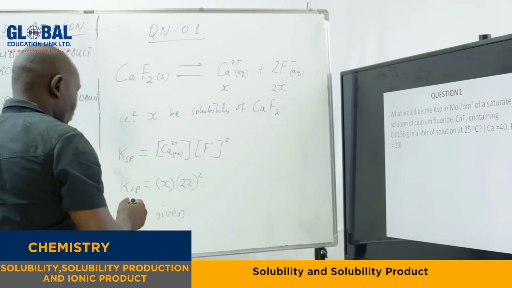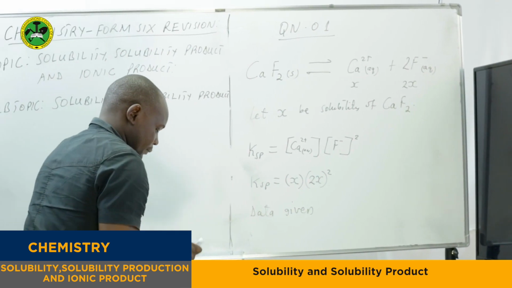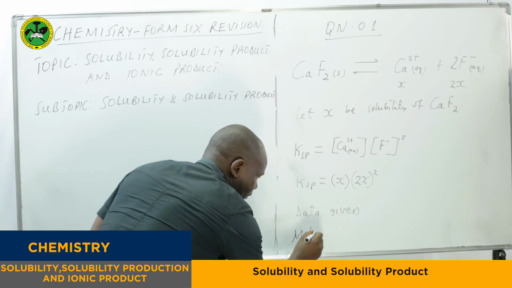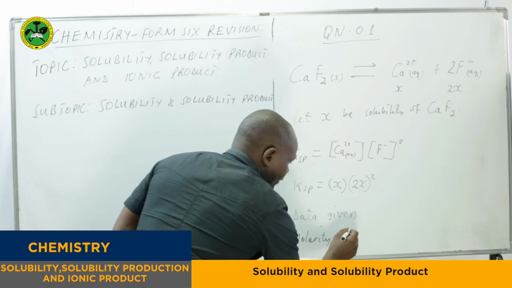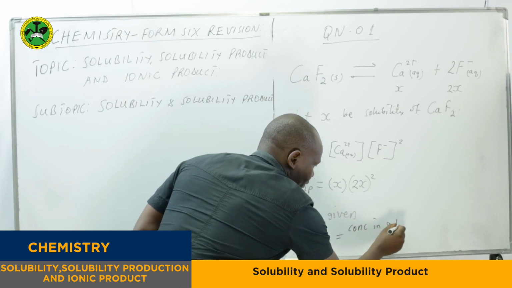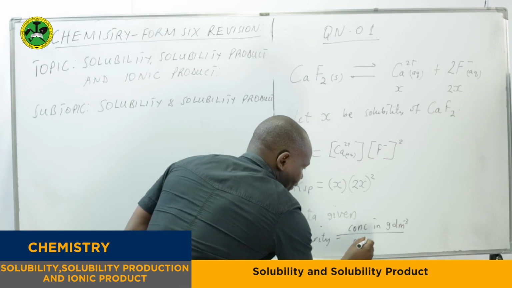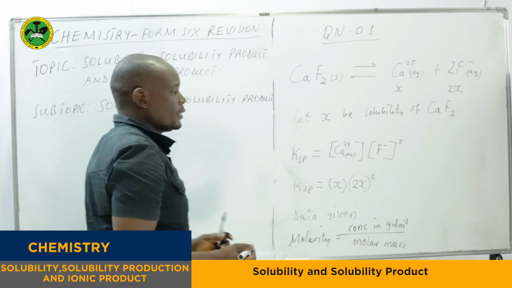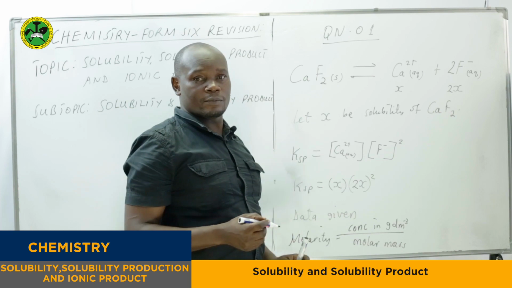The concentration or molarity is obtained by taking the concentration in gram per decimeter cubed over the molar mass. And the molar mass of what here? Of calcium fluoride. Now let us find the molar mass of calcium fluoride.